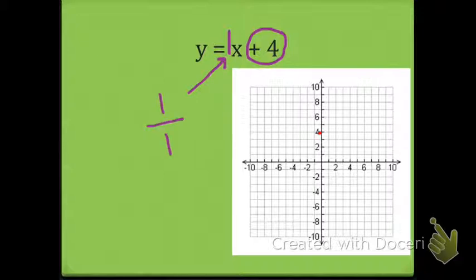Or 1 over 1, because we're going to put it in fraction form. So that means you're going to go up 1 over 1 and put a dot, and you can keep going if you'd like. Some people like 2 dots, some people like 3, and if you make a straight line it looks a lot better. But that's what your line is, and the line's name is y equals x plus 4.